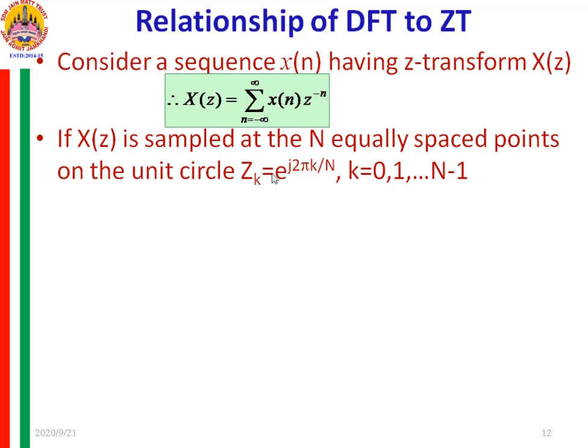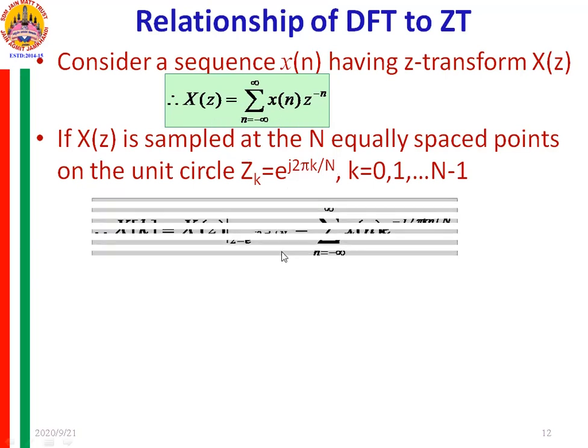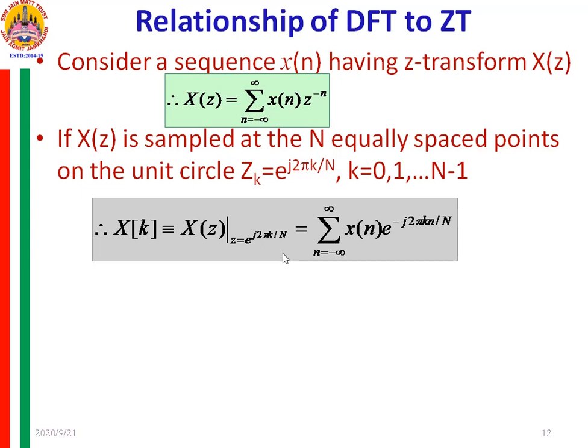So if r is 1 and omega is replaced with omega k, that is 2 pi k by N, that is zk is equal to e raised to j 2 pi k by N, then this Z transform becomes the DFT of the sequence x of n. So I can say that X of k is equal to X of z at z equal to e raised to j 2 pi k by N. The magnitude of z is 1.